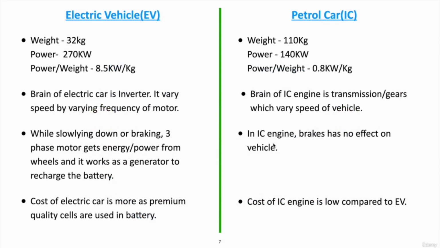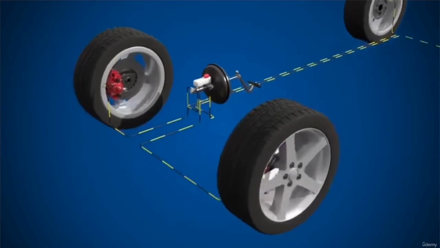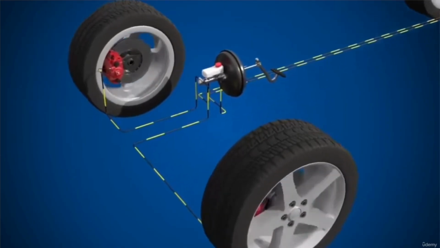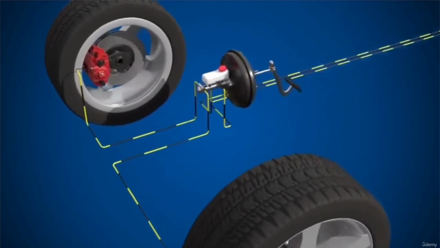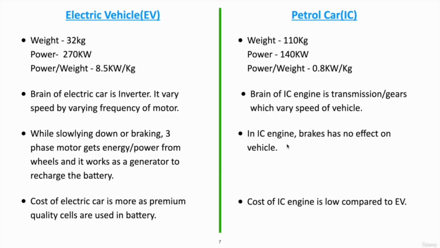Whereas in IC engine, brakes have no effect on vehicles. In electric vehicles, we use hydraulic brakes, and with that we also generate power from the wheels as kinetic energy and store that energy in the batteries. But in IC vehicles, no energy is stored in the vehicle, so there is energy loss.